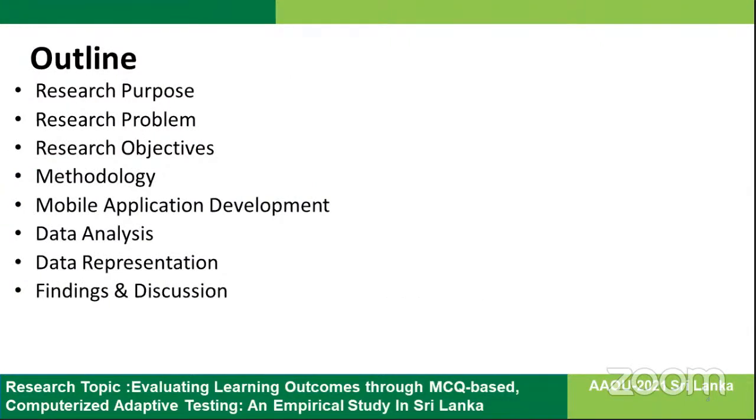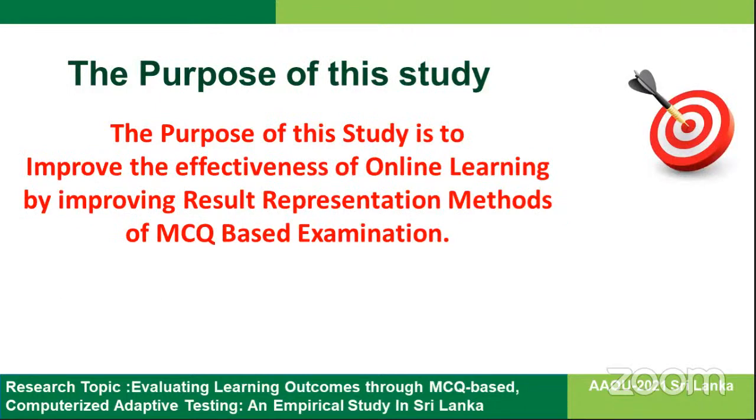So this is the outline of our research: research purpose, research problem, objectives, methodology, mobile application development, data analysis, data presentation, findings, and discussion. The central purpose of this study is to improve the effectiveness of online learning by improving results representation methods of MCQ-based examination.